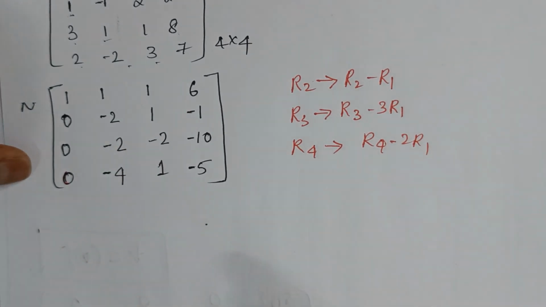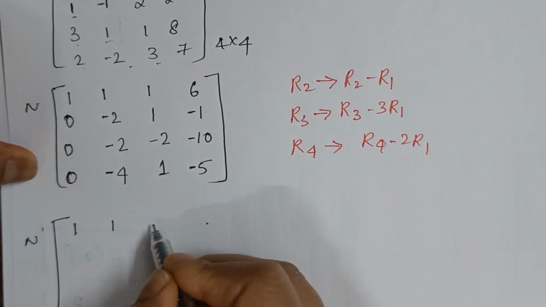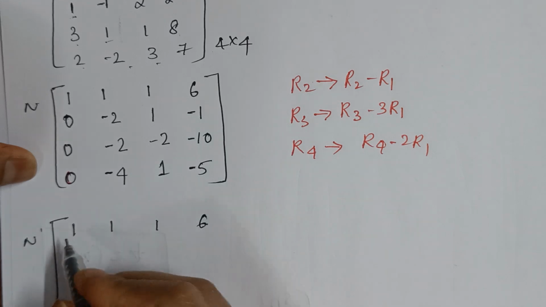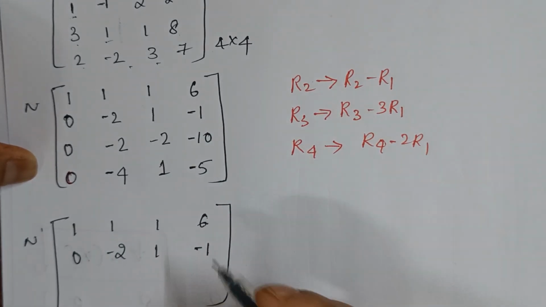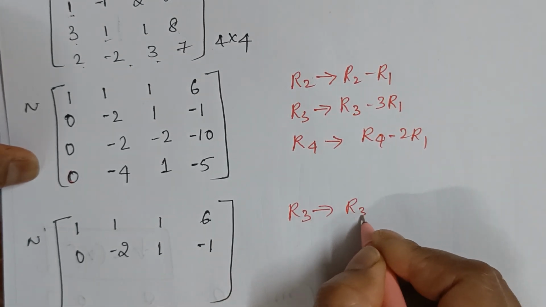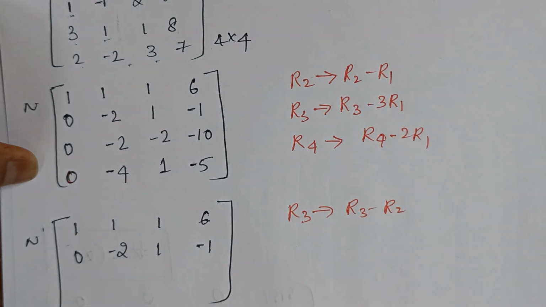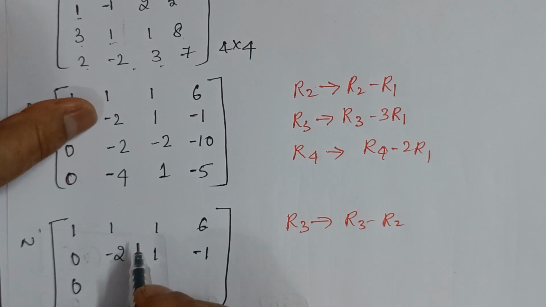Let's see what other steps I can do to satisfy the requirement. I will leave these two rows as they are and perform the operations on row 3 and row 4. So row 3 changes to row 3 minus row 2. If I do this, 0 minus 0, minus 2 minus minus 1, this will become plus 2.